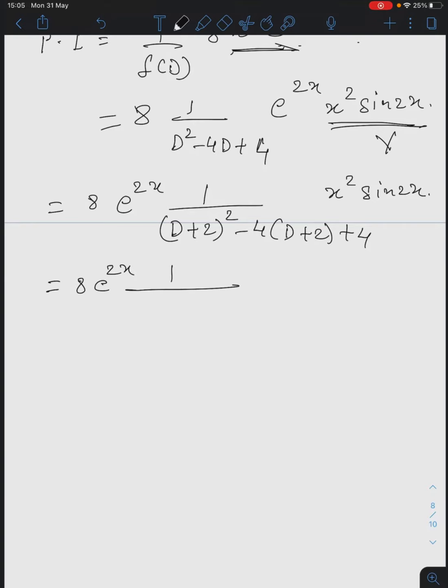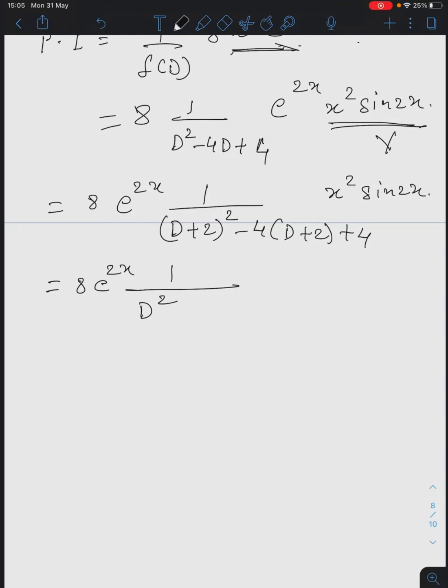Simplify this denominator and tell me what you are going to get here. D square you will get.